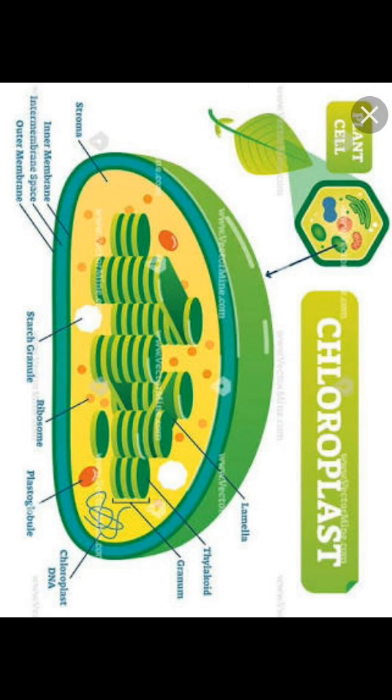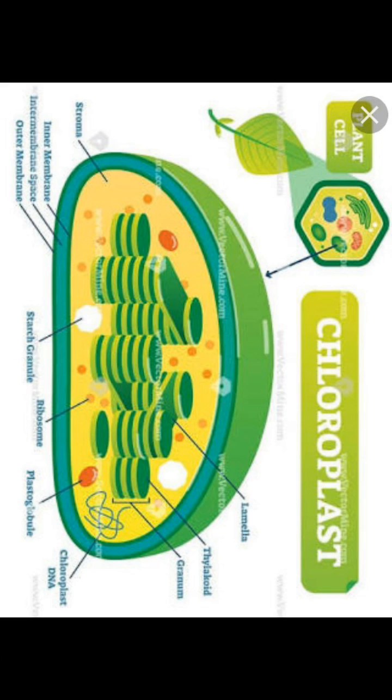Chlorophyll pigments are present in the thylakoids as we discussed. So where are the chlorophyll pigments present? On the thylakoid membrane. So you can see the thylakoid here. They are dark green in color. Why are they green in color? Due to the presence of chlorophyll pigments. I repeat once again, chlorophyll pigments are present in the thylakoids.